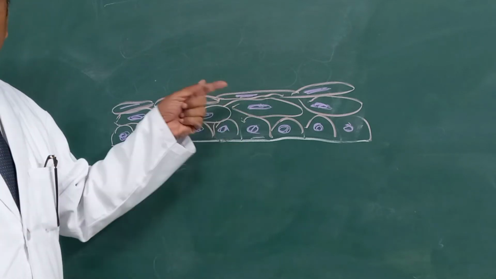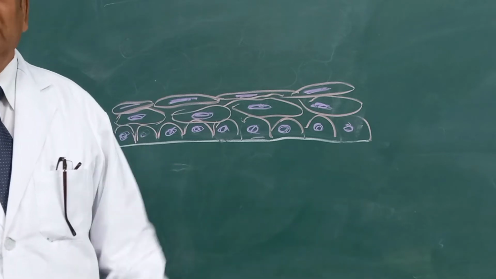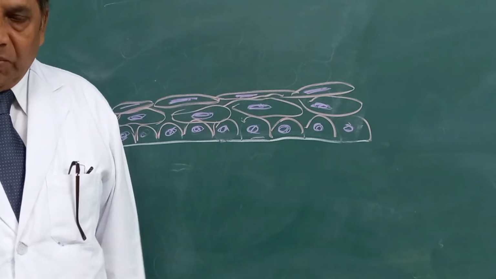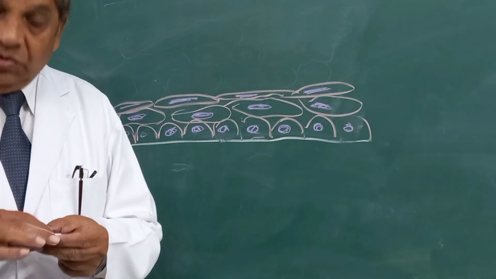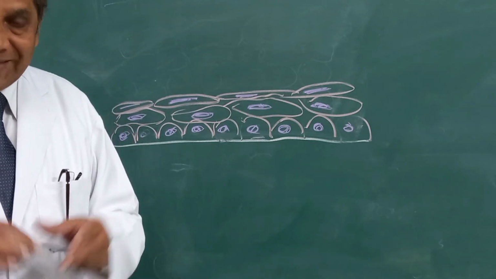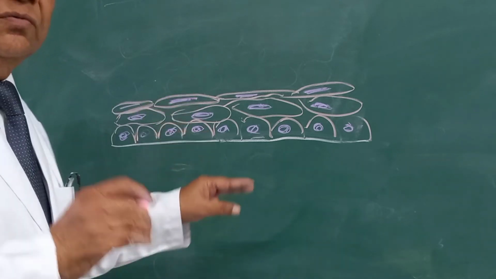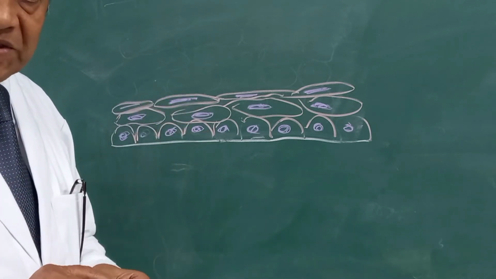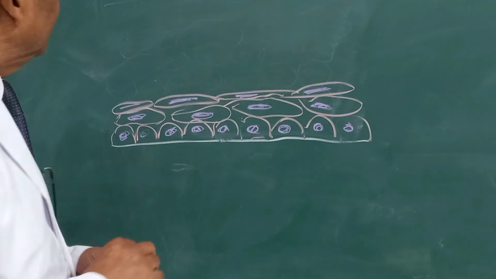But when the bladder is highly stretched, the epithelium becomes stretched, and the topmost cells become stratified squamous type, though it is a transitional epithelium. Hence it is called transitional epithelium. Now you know why this epithelium is a specialized epithelium and why it is called transitional epithelium.